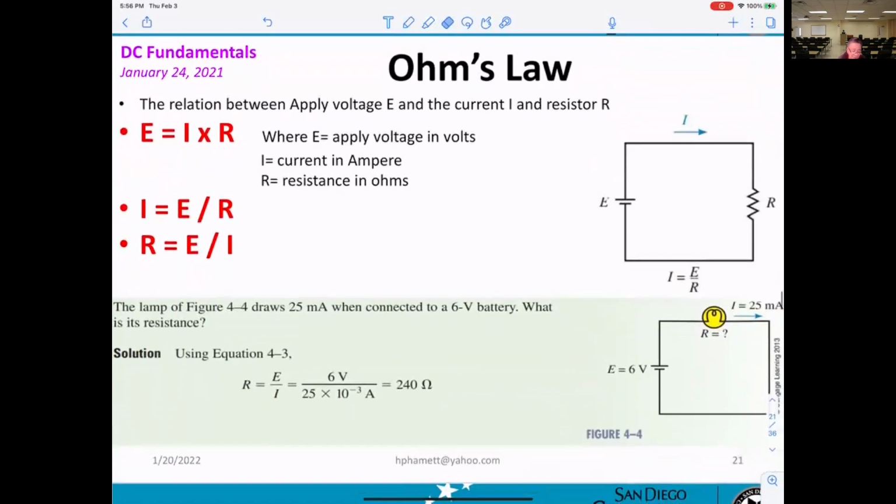Now, that is the main thing we have to understand: the relation between the voltage, the current, and the resistor. That's what they're talking about in the law.